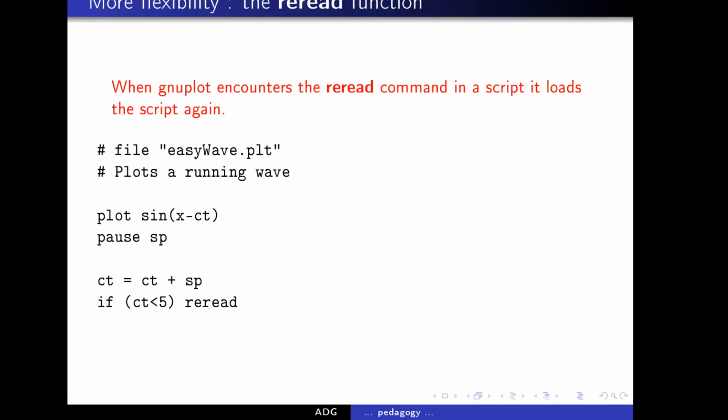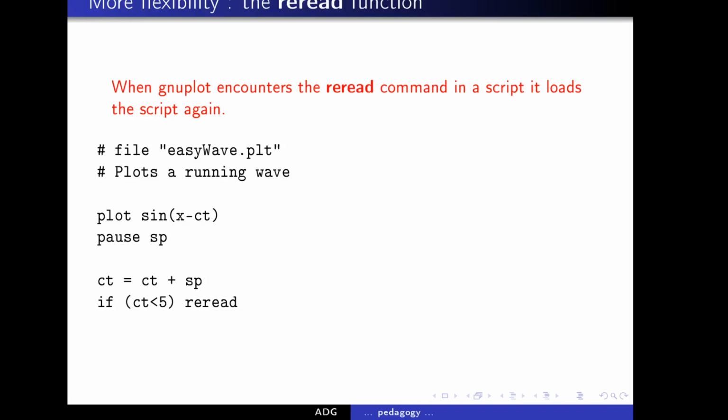After that, you update the value of ct by adding sp to this. Now you have a slightly larger value of ct, and as long as this ct is less than 5, that's what the if ct less than 5 is telling you, it rereads the script. So the script gets loaded again, but now with a slightly larger value of ct, and therefore the graph will actually shift slightly to the right.